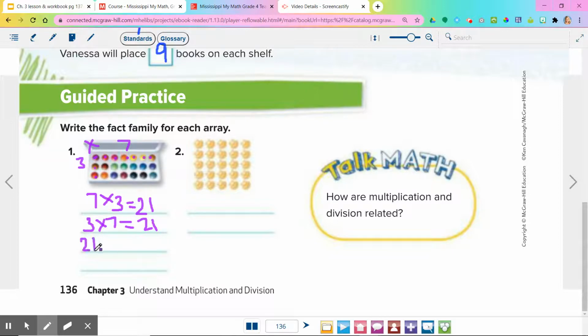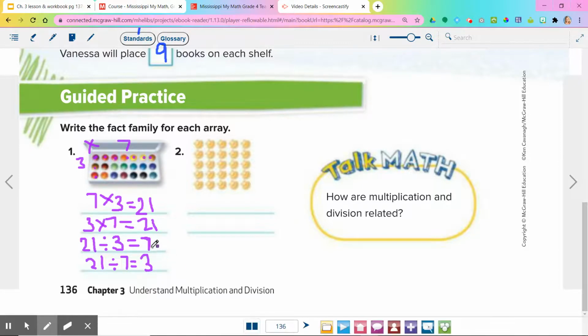I have to start with that big number first. So 21 divided by, and you can pick either factor, 3 equals 7, the number that's missing right now. And then I'm going to keep my big number first again for this last division sentence and say that 21 divided by, not 3 because I used it, 21 divided by 7 equals 3.